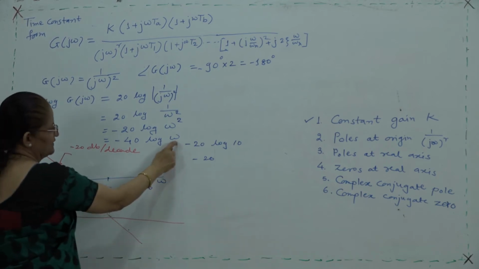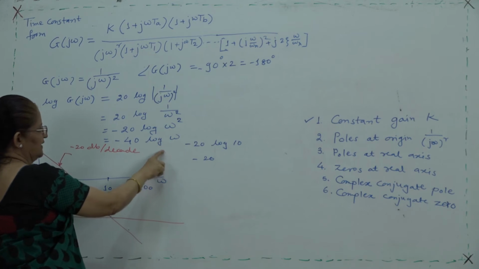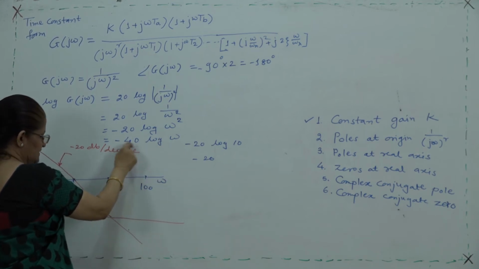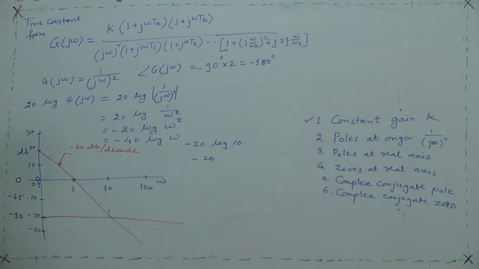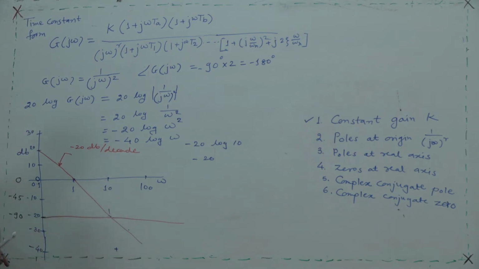Consider omega equal to 10. What will happen that time? Log of 10 is 1, and that time you will get minus 40. Meaning that if I am considering the scale here, this is minus 30, this is minus 40, then at 10 the magnitude is minus 40 dB.